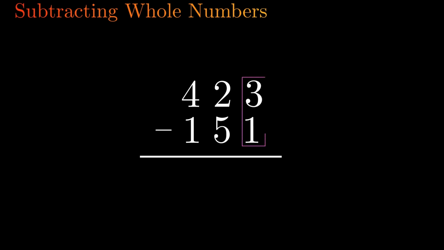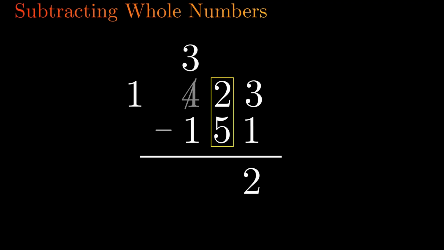Again, we start in the ones column. 3 minus 1 is 2. No problem there. Now the tens column. 2 minus 5. We can't take 5 away from 2. We need to borrow from our neighbor to the left, the hundreds column. We take 1 from the 4, so the 4 becomes a 3.